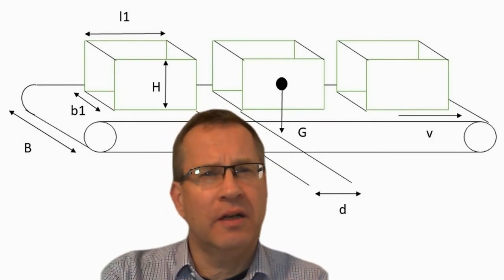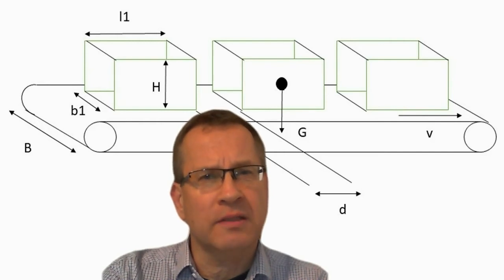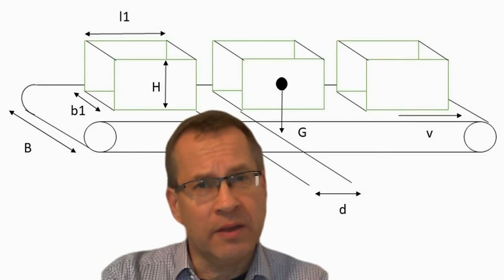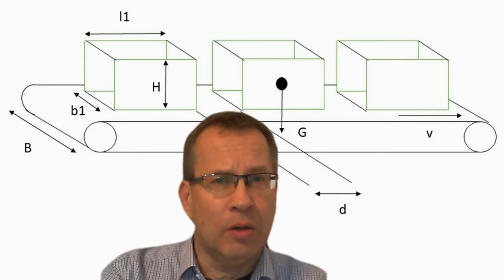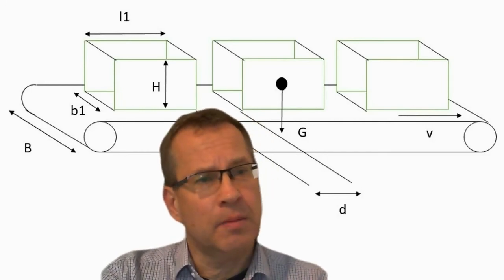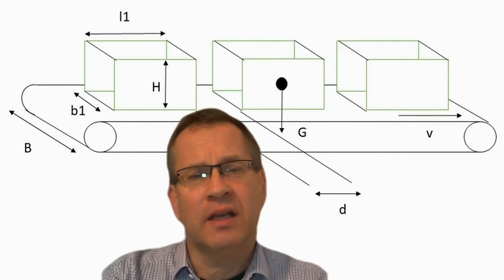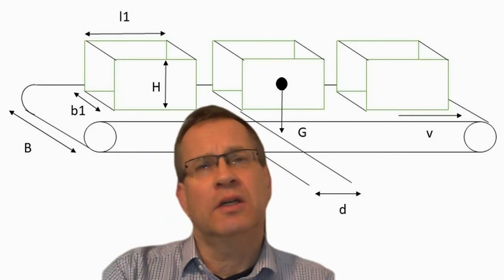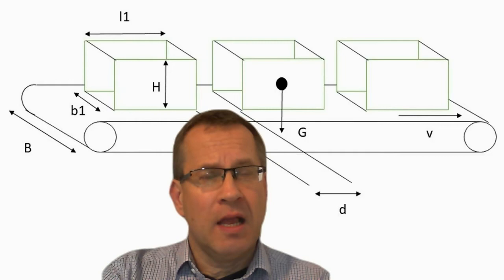And these products are conveyed by a conveyor that has width big B and speed little v.